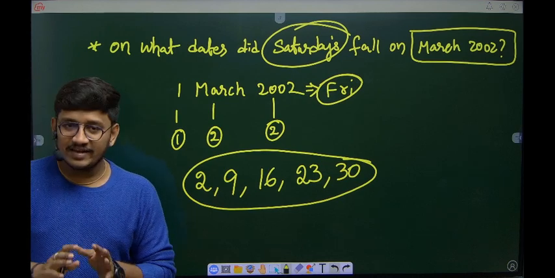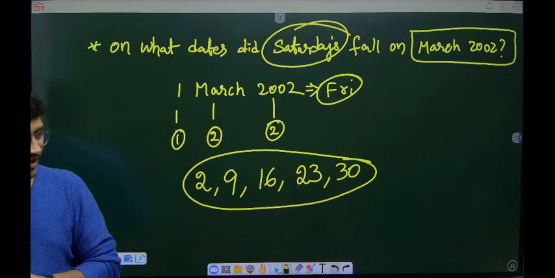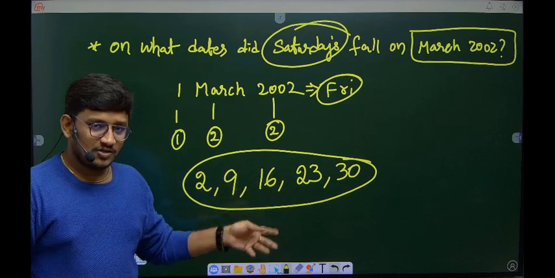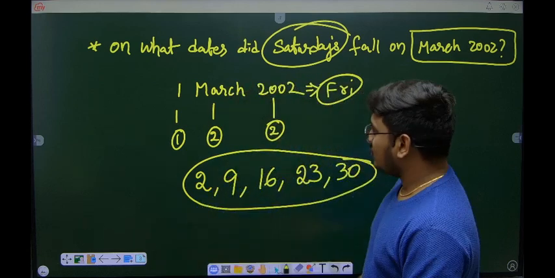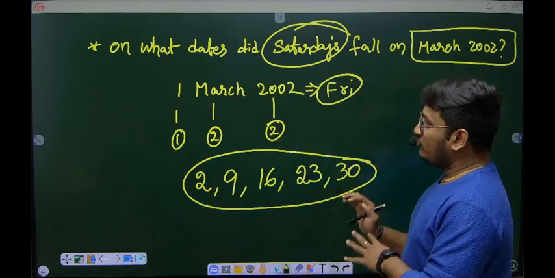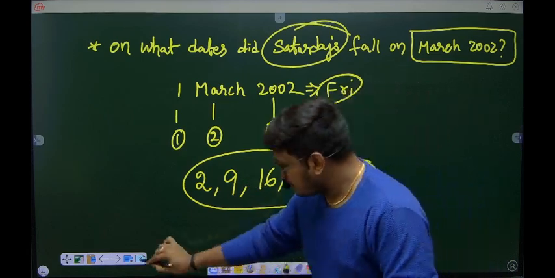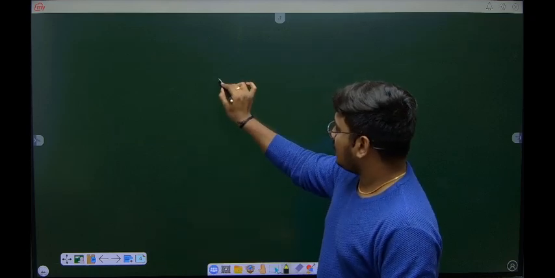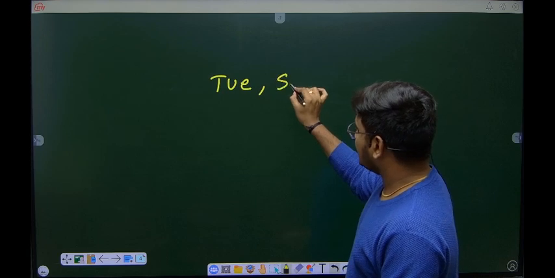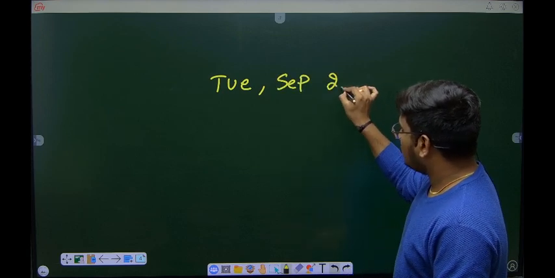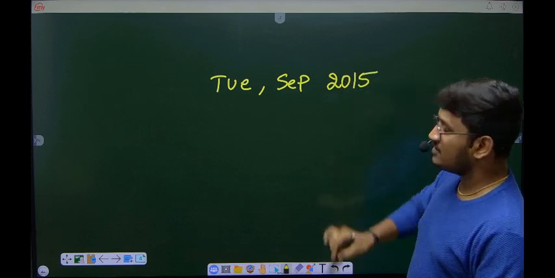Okay, if you all are clear, I will ask you one question. I hope you have written this in your notes as well. Let me give you one question of the same pattern. I want the same pattern of dates for Tuesdays in September 2015.